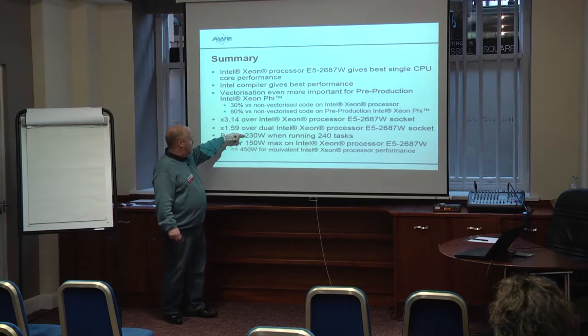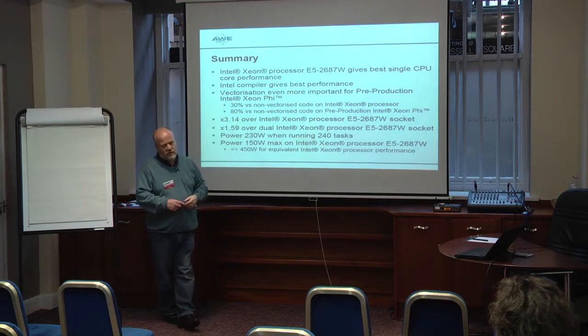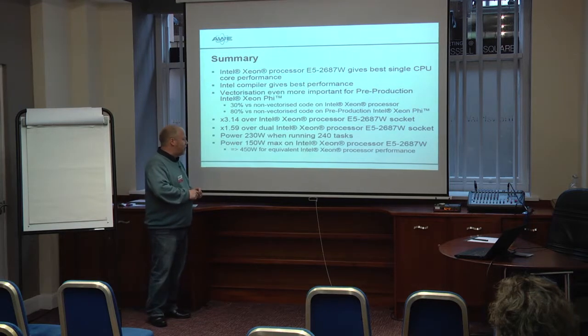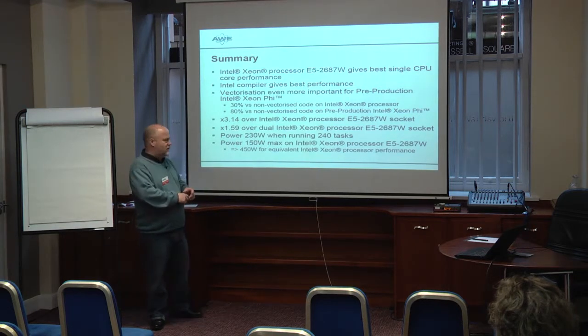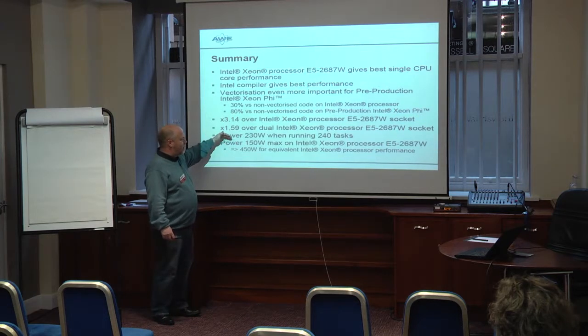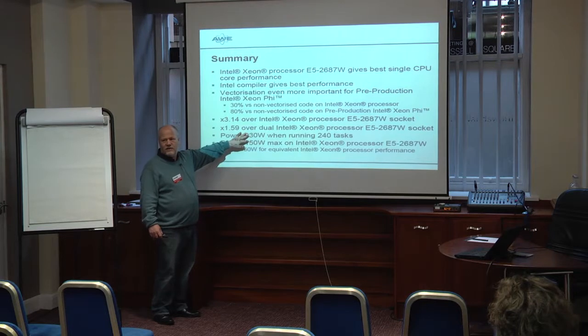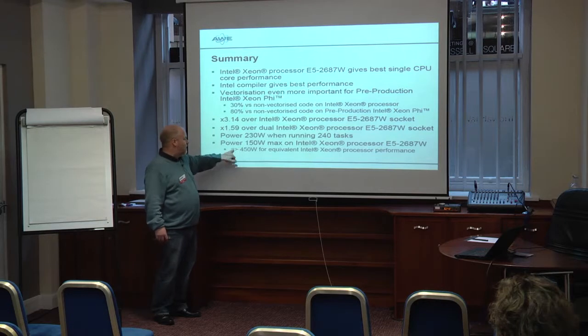One of the reasons that some people want to use Xeon Phi is because of the amount of power for the performance. They said that when they ran the code running 240 tasks, it was 230 watts on a Xeon Phi. If they ran it on a normal Xeon, it was 150 watts. But if you did the calculation so that you matched up the performance, how many calculations you'd achieved, that was really the equivalent of 450 watts.